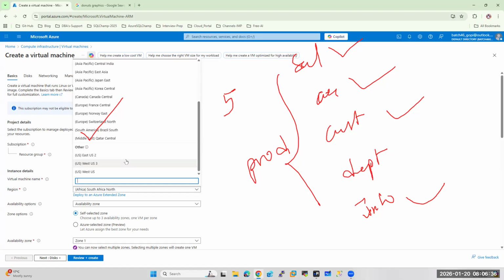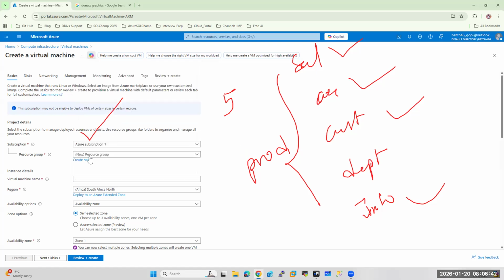Who will tell you? Your apps team will tell you, I need to deploy to so-and-so region. When you are going to create a resource group, first you need to create the subscription. The subscription will be created by the infrastructure team, and the resource group will also be created by the infrastructure team. Now, when you create any database and all that, you will select this subscription and this resource group, and deploy your SQL database.